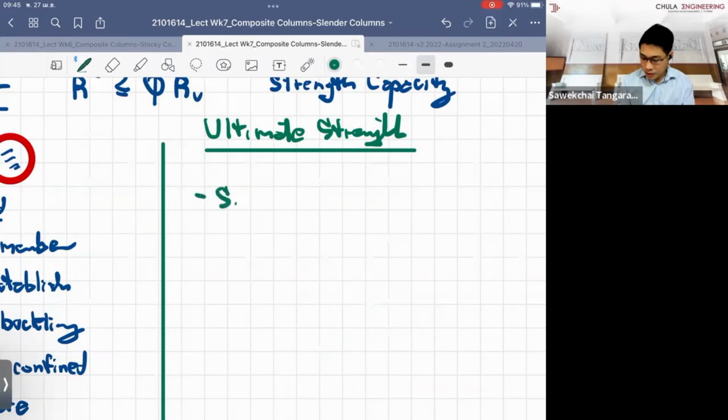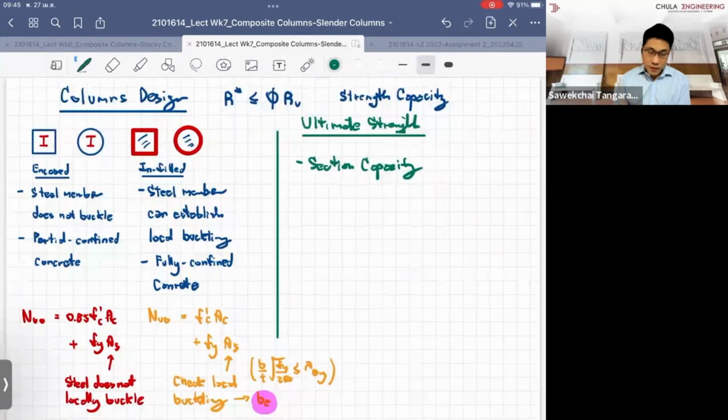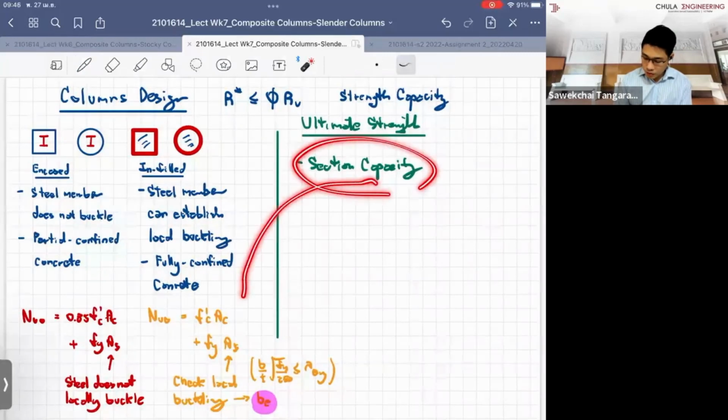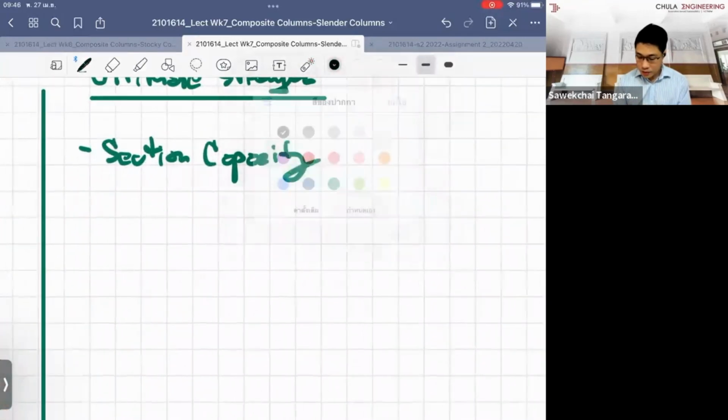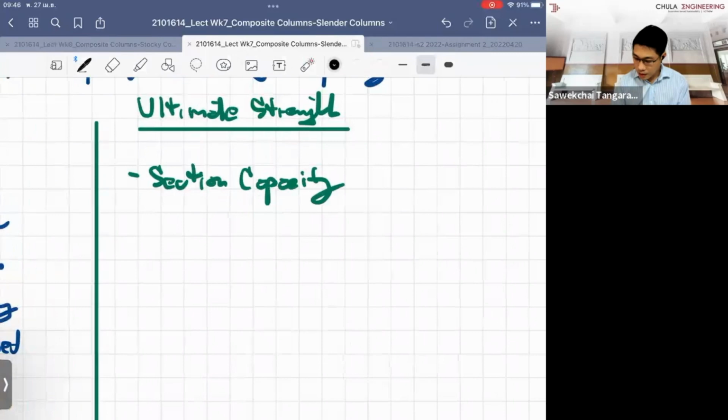One is the section capacity. This means what we talk about here, and it includes the interaction diagrams, which we have discussed.